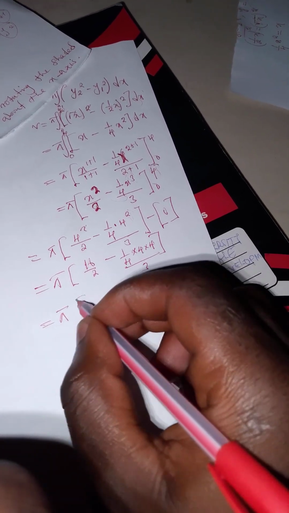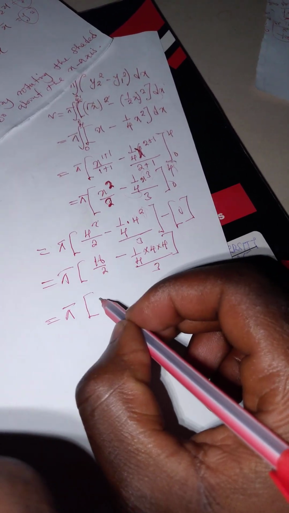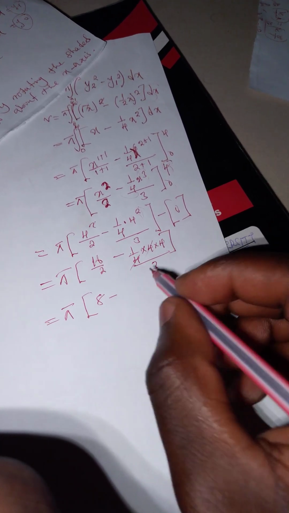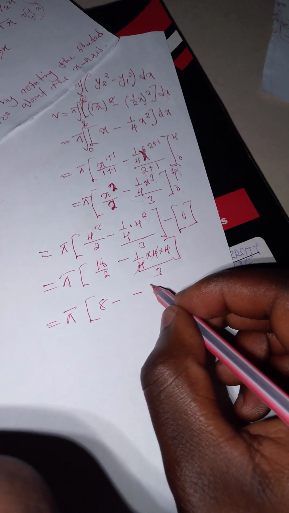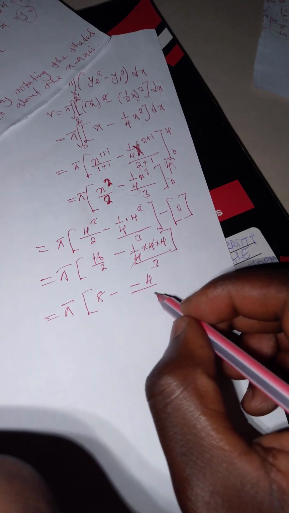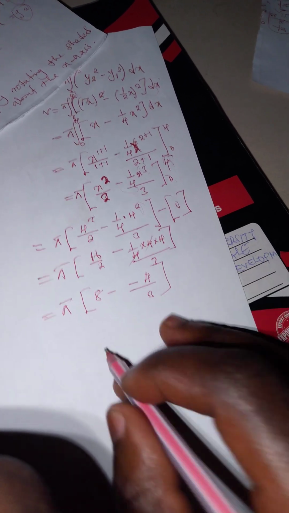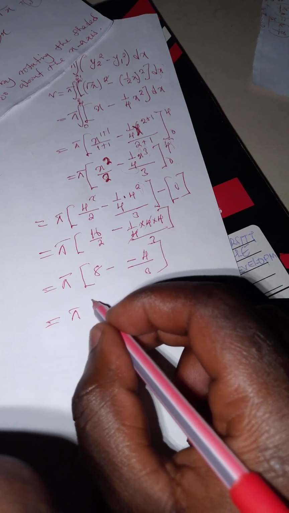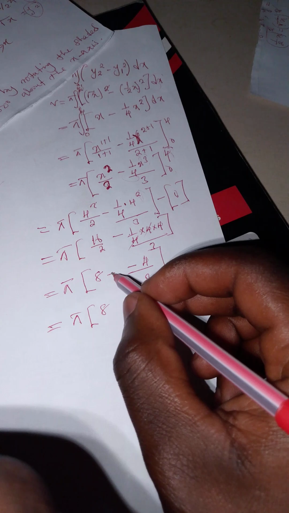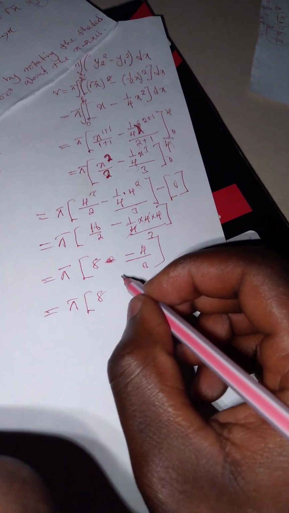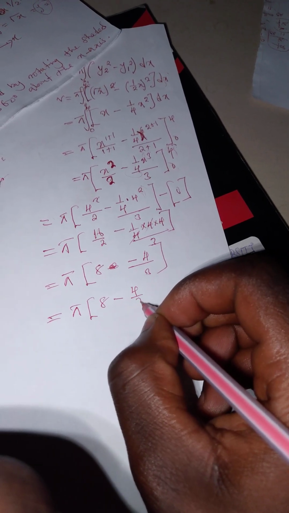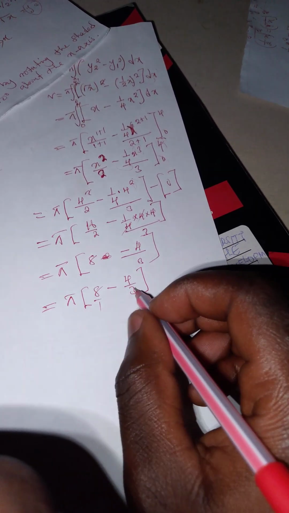Then this is pi, you do like this, 16 over 2 is 8, minus 4 and 4 will cancel, 1 negative times 4 will be a negative 4 over 3. Then this is pi, then 8 minus 4 over 3. You can get the common denominator, 3.